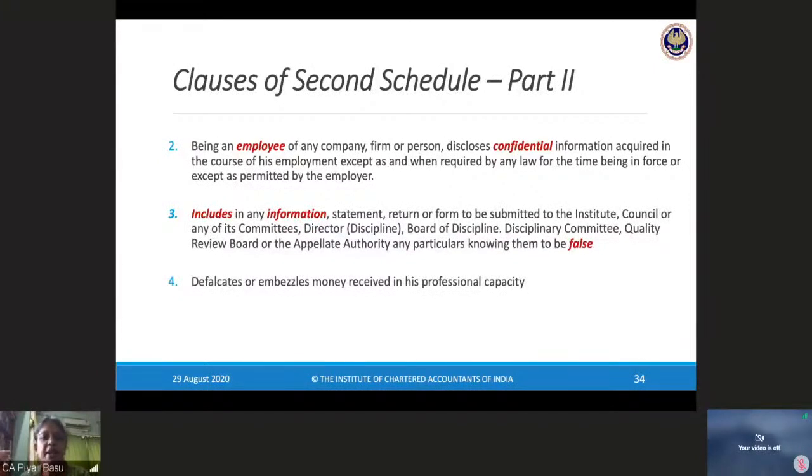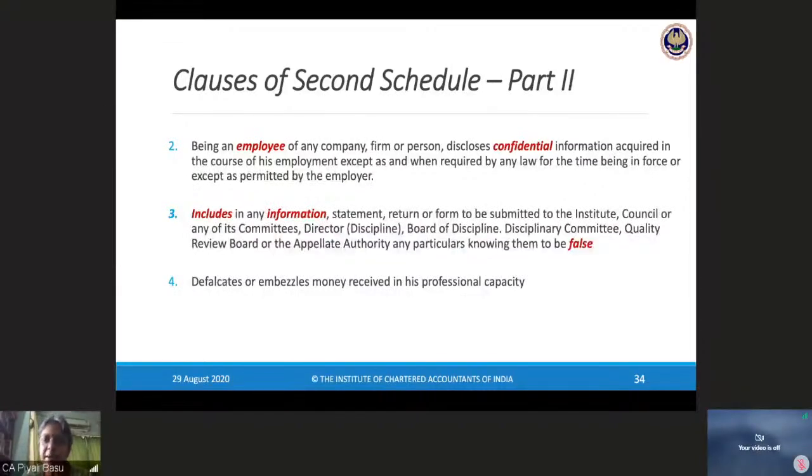Okay. So being an employee of any company, firm or person, one discloses confidential information acquired in the course of his employment except as and when required by law for the time being in force or except as permitted by the employer. So this is equally applicable to members in service also. The non-disclosure or confidentiality agreement: for members in practice, the clause is clause 1, part 1, second schedule.